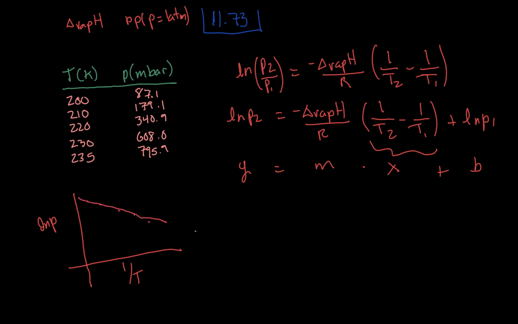Your slope is going to be equal to this here, negative vaporization enthalpy over R. I guess this would have the advantage also, if you're linearizing this, that you're going to get the average, the arithmetic mean of a couple different values, in terms of the data points you have.